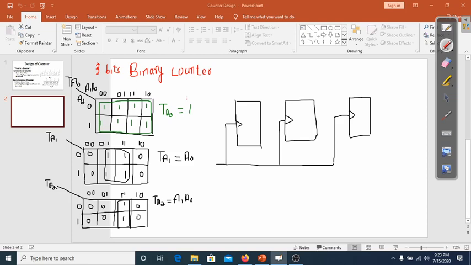This is the clock pulse. Furthermore, these have three outputs. The outputs are with the red line. First is A0.